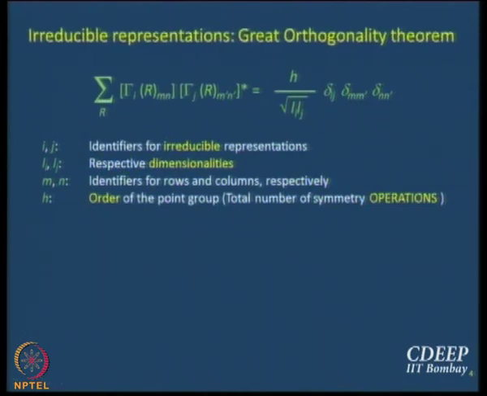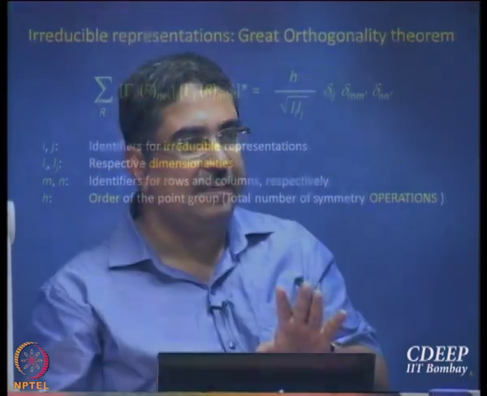I do not care whether it is 1 1 or 2 3 or 5 8, but it has to be of the same symmetry operation, and we multiply one by the complex conjugate of the other.